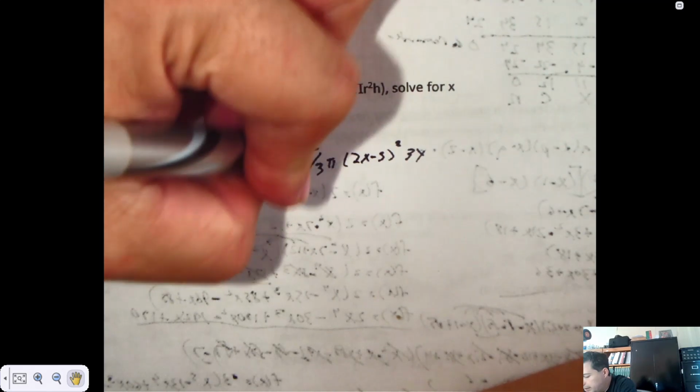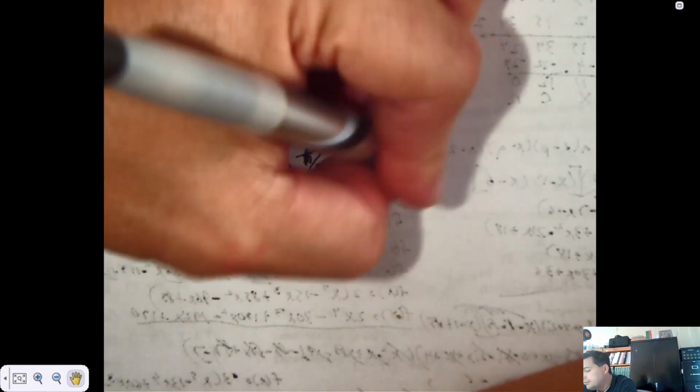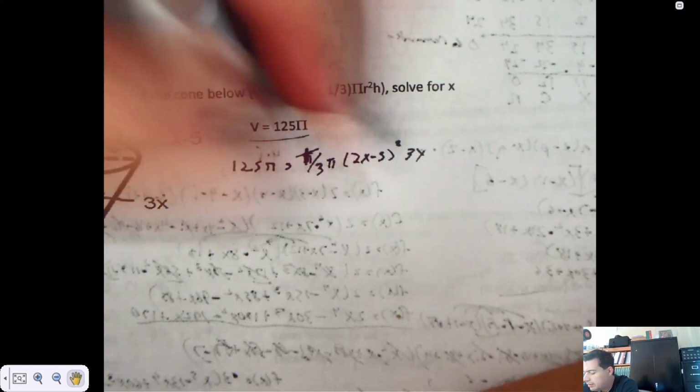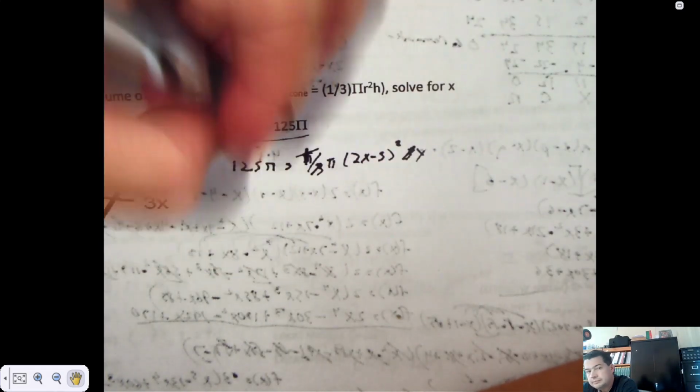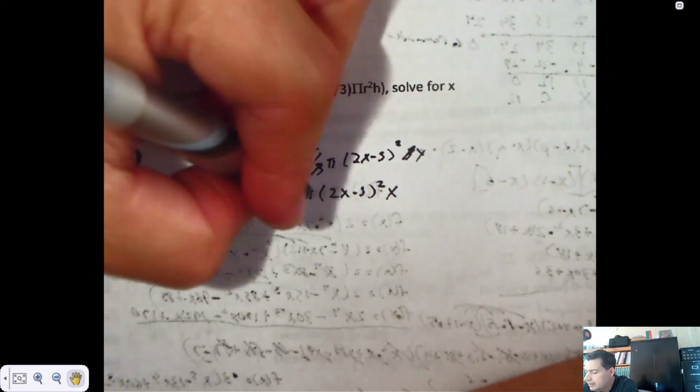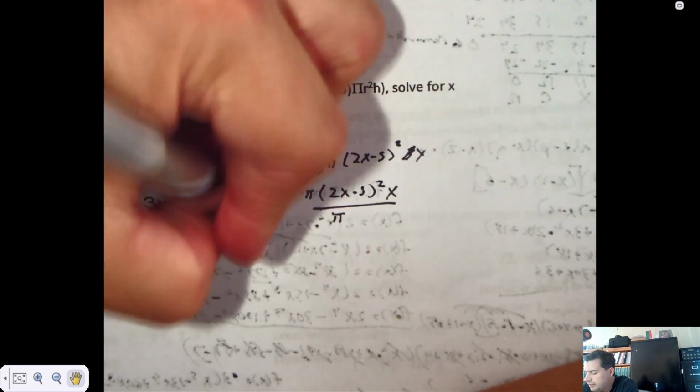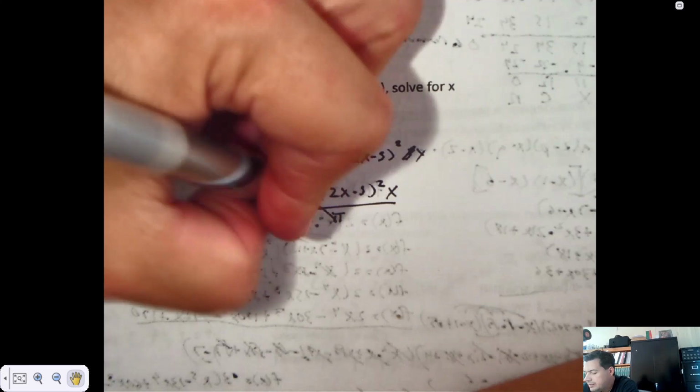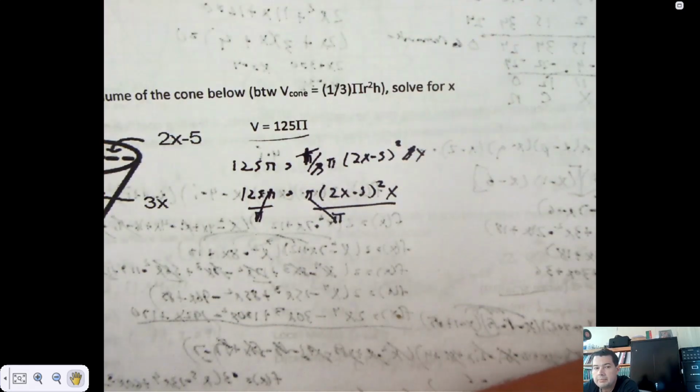I don't know why I wrote pi over 3. I'm going to fix this first off by noticing that that 3 and that 3 cancel. So now I have 125 pi equals pi times 2x minus 5 squared times x. And I'm just showing you all the nitty-gritty little steps. The pi's cancel. Divide pi on both sides.